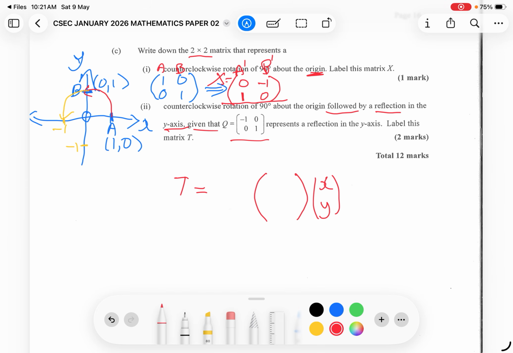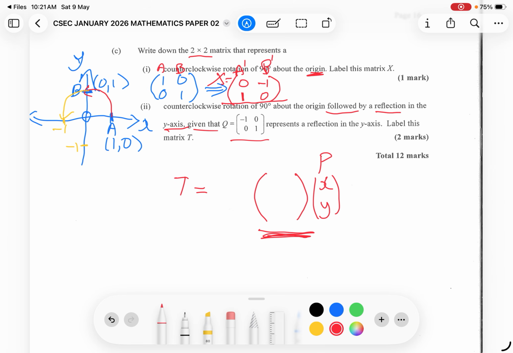So if I had point, let's say this is point P, and I should transform P, it says counterclockwise rotation of 90 about the origin. So the first thing I should do is the counterclockwise rotation. Your matrix is always written to the left of the point. So here's point P, matrix. The first matrix being applied should be at the left of the point.